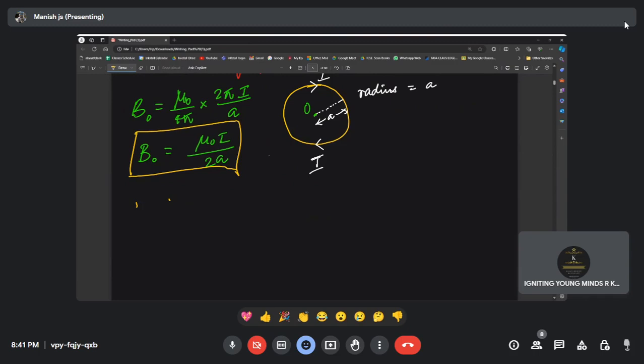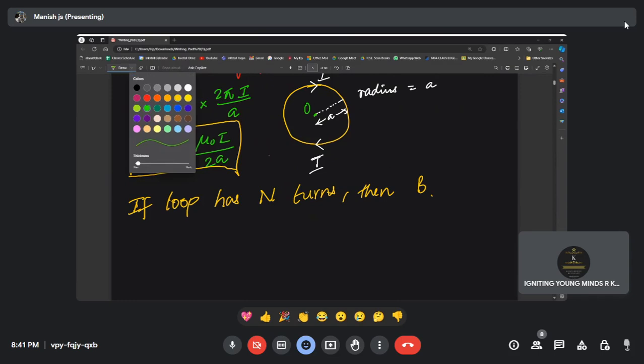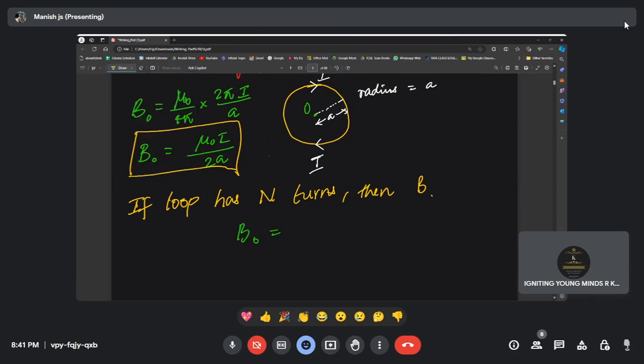That's it. Okay. Now, if the loop has n turns, what do you mean by turns? I hope you know the solenoid concept comes into picture. Okay, there are many turns to this loop. Then what happens to the magnetic field? Then you represent the magnetic field as n times of what it was before. Okay, so then the magnetic field expression would change as B naught is equal to mu naught N I upon 2A.